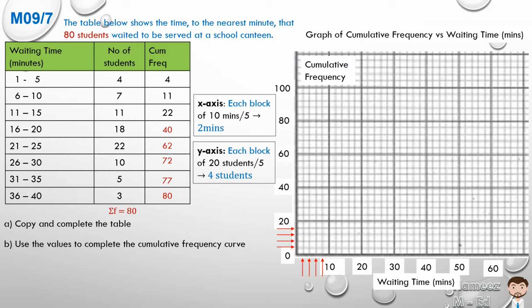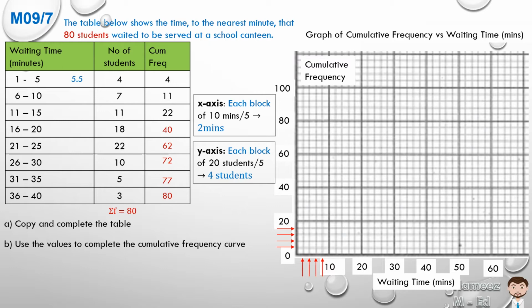Now, in going on to plot the cumulative frequency curve, let's recall that there are a couple of things that are necessary. First of all, plotting for each group or each class interval will require the upper boundary. Now, the first interval ends at 5, that's its upper limit, and the second interval begins at 6, that's its lower limit.